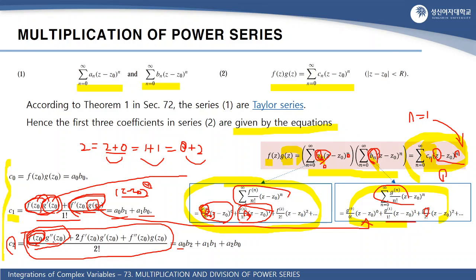So g double prime(z_0) here, and then these terms come from a_1 and b_1, and f double prime(z_0) times g(z_0), which is equal to a_2 times b_0.